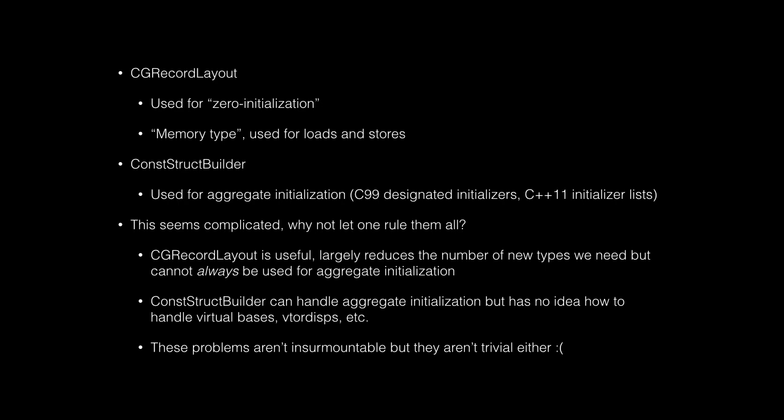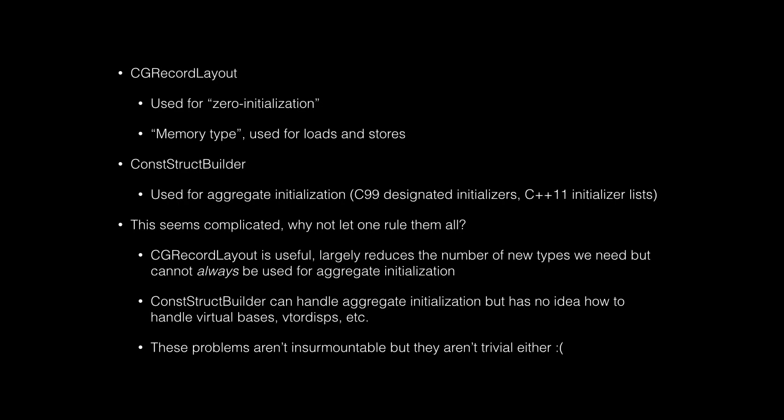I actually spent a bit of time trying to merge the two together so that we would only have one type generation facility in Clang, but it didn't work out because of unions and pointers to data members and the horrors of trying to come up with ways to initialize virtual table pointers. It actually gets kind of sophisticated. Sorry.